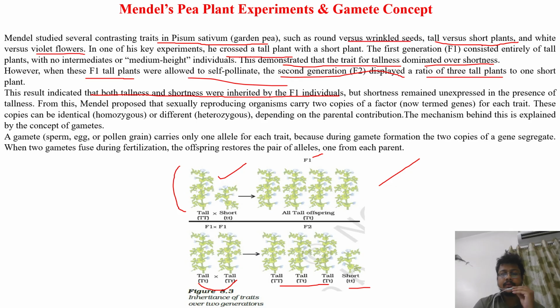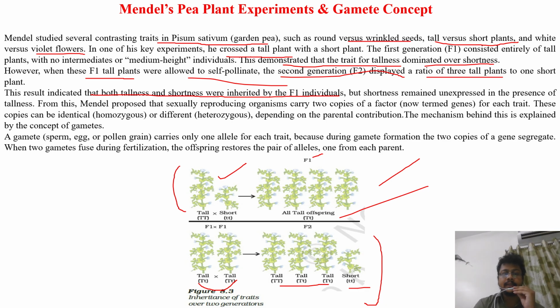Because if only the tallness allele was there, then how would a short plant be present here? So the allele for shortness is also present. That's why it is called heterozygous. Two different types of alleles are present, and when they are crossed among themselves, three tall plants are produced and one short plant is produced.